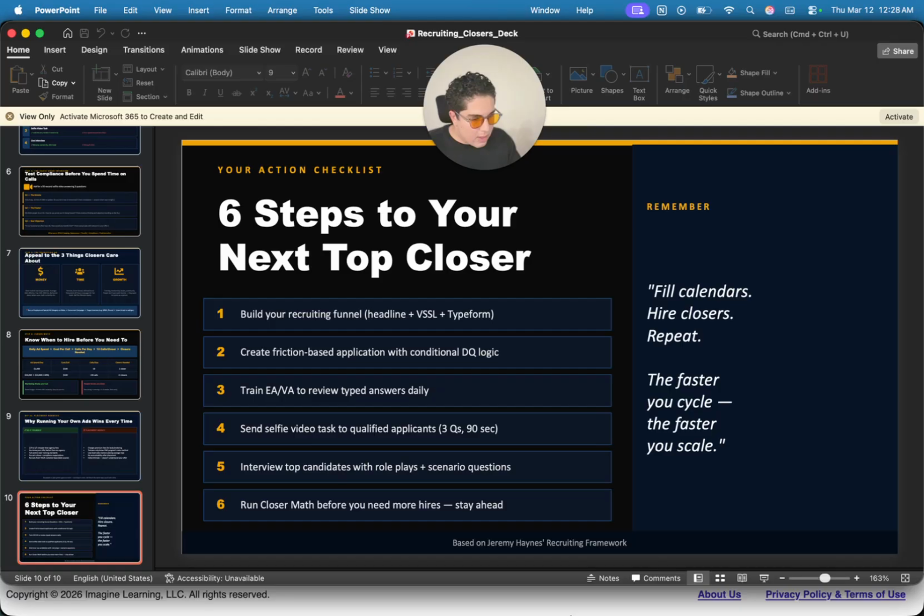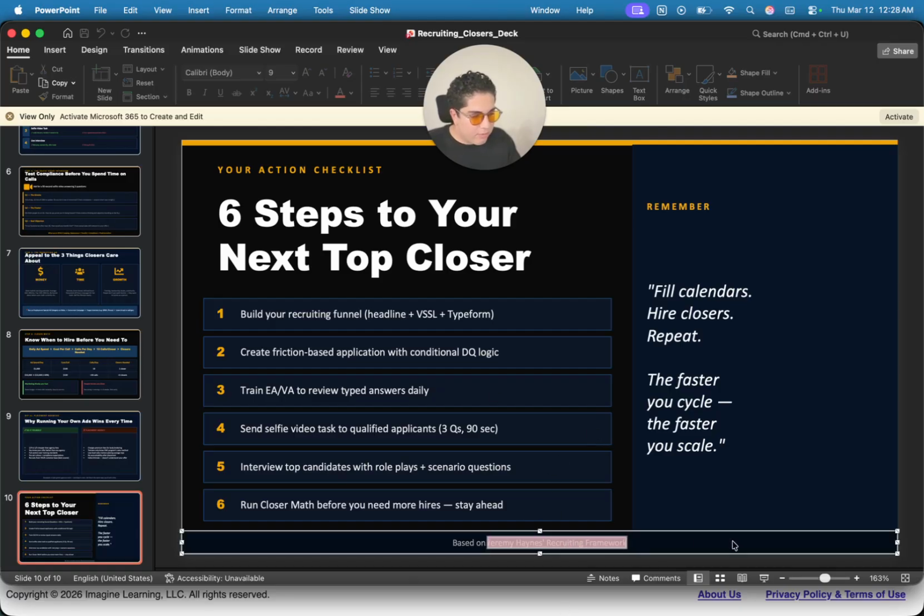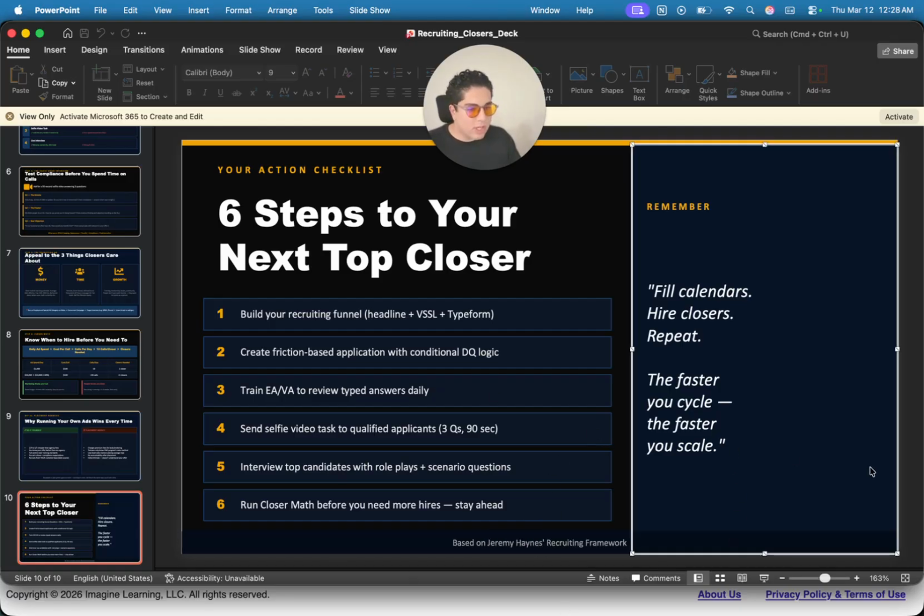Because this is all based off of Jeremy Haynes' recruitment framework. I'm not going to bullshit you and say this is all off the dome. I'm basically taking what he's done and implementing that in your business, in a way where it's marketing them. And I'm not going to say that's the worst way of doing things, because you're not going to reinvent the wheel, just like your offer isn't reinventing the wheel. You're doing something similar, but at a massive scale.